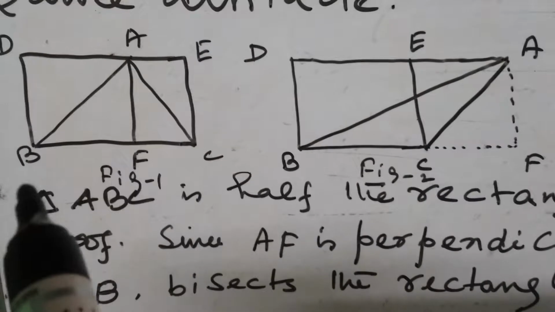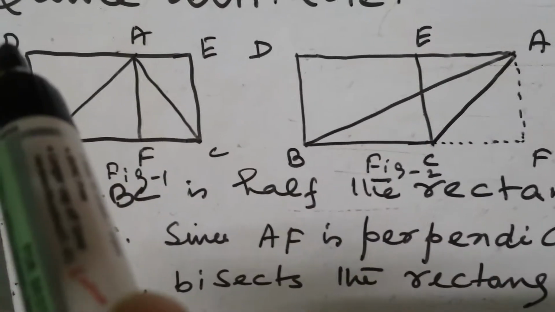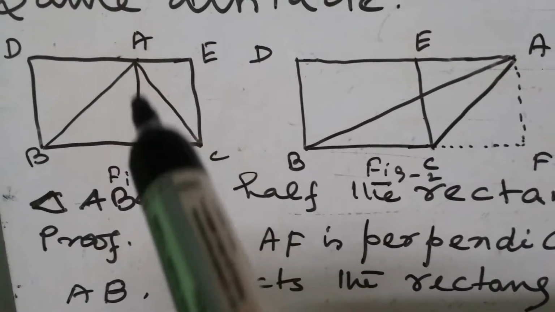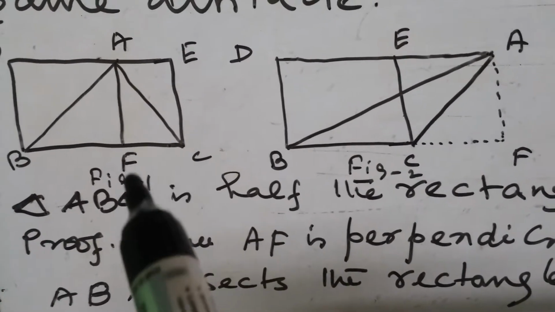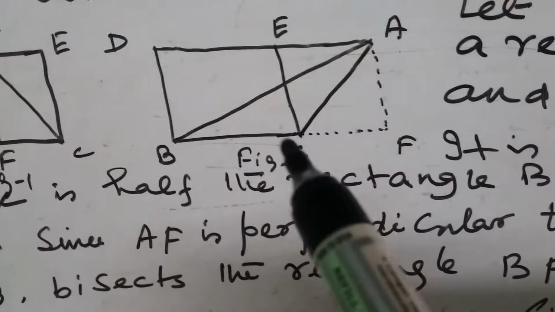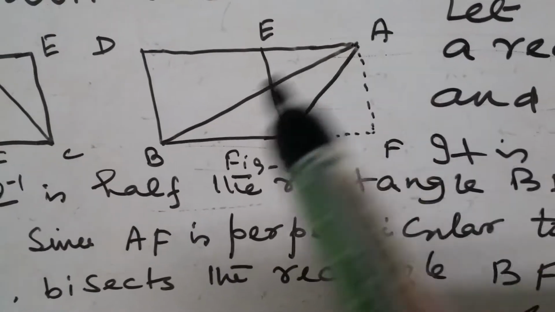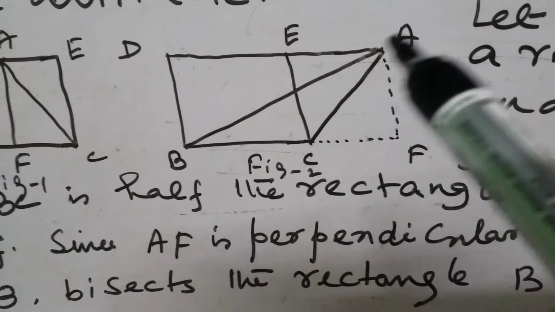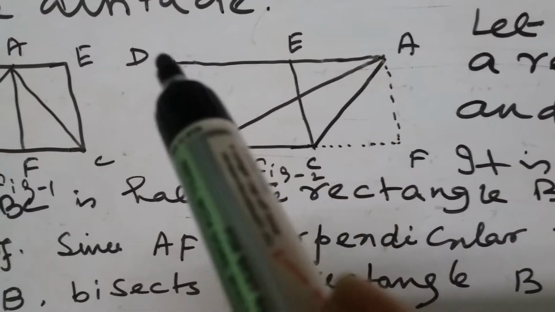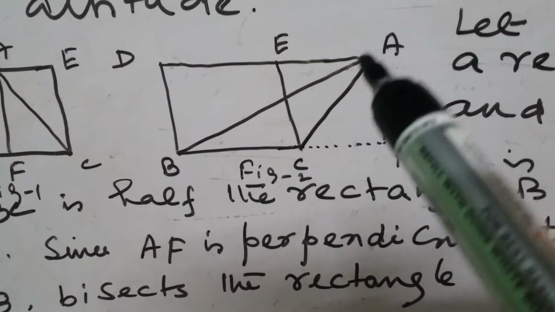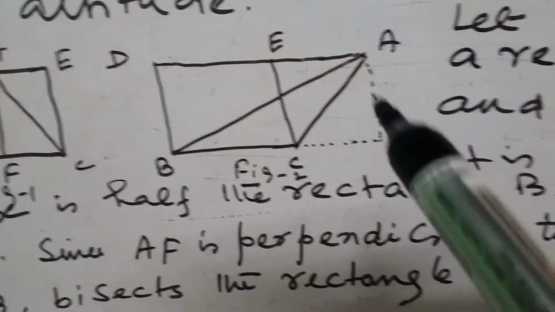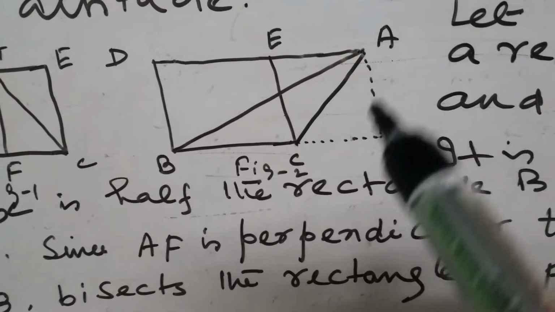The area of the triangle ABF is equal to half of AFBD. This is the diagonal, not bisector, diagonal. So this triangle is half of this rectangle.